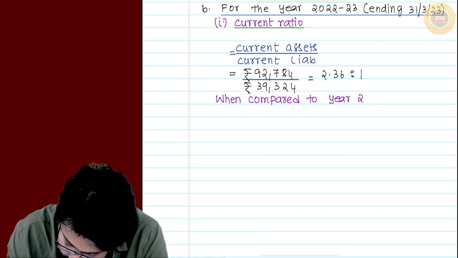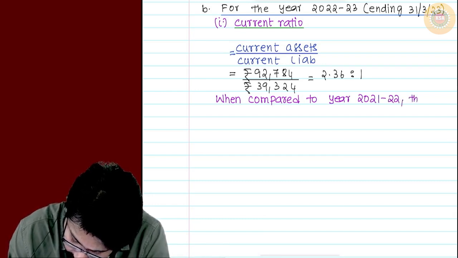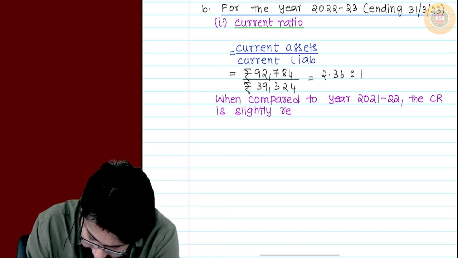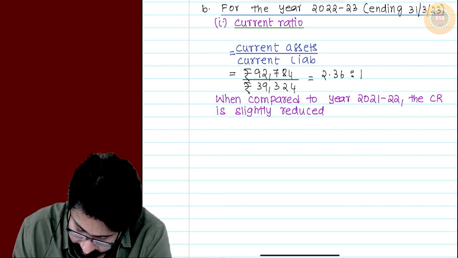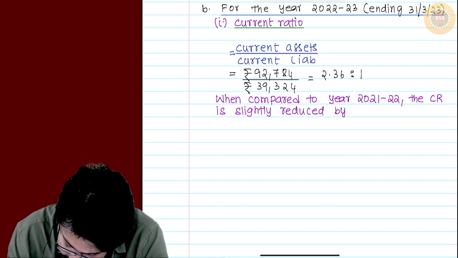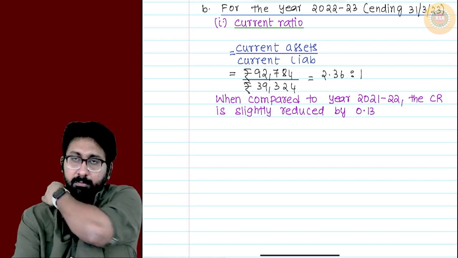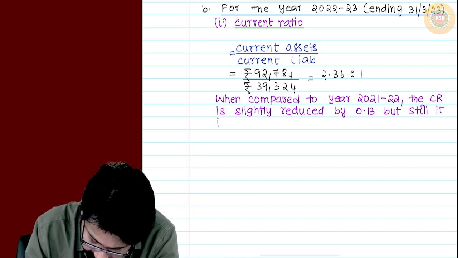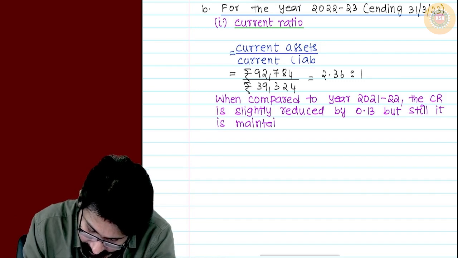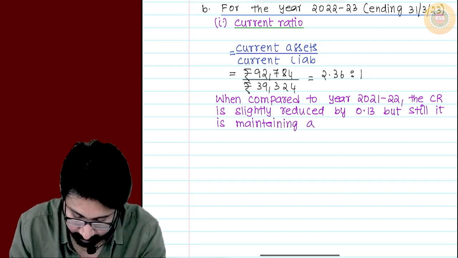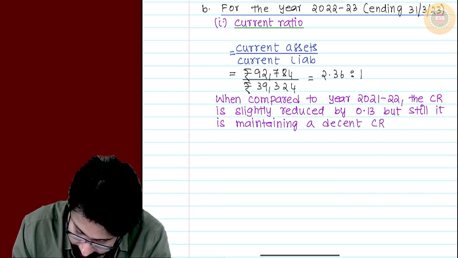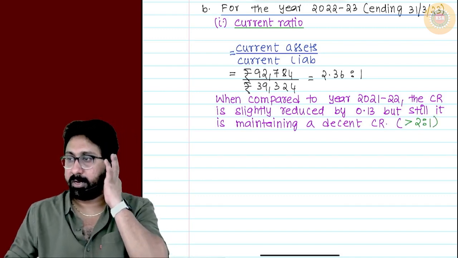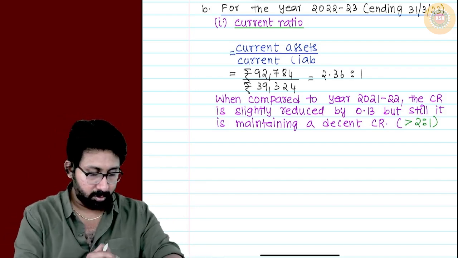When compared to year 21-22, the current ratio is slightly reduced by 0.13, but still it is maintaining a decent current ratio, in brackets, more than 2:1.